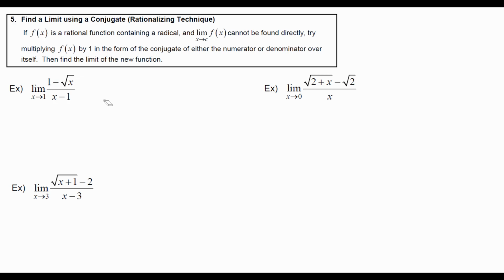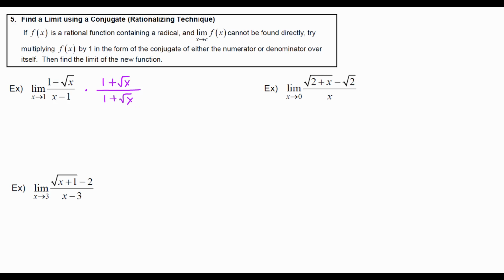And I only have a radical on the numerator. So you can multiply by the conjugate of 1 minus radical x, which is 1 plus radical x. And do the same to the bottom so that you have multiplied the original expression by quantity 1. So you're not really changing anything.